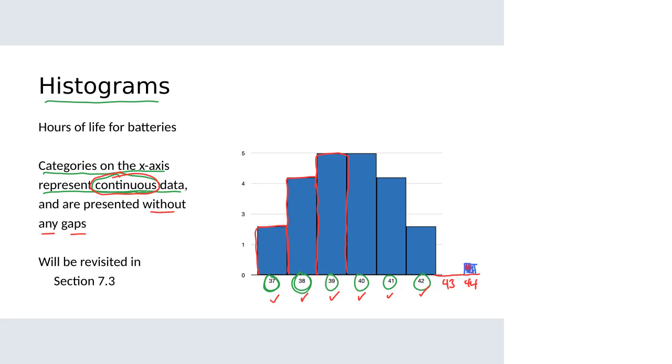The picture looked like that. Your first thought might be, wait a minute, you said that a histogram's done without any gaps, and when I look at this picture, I see a gap. Well, if you know for sure it's a histogram, then that tells you that these things are true. We have continuous data on the x-axis. There's no gaps.